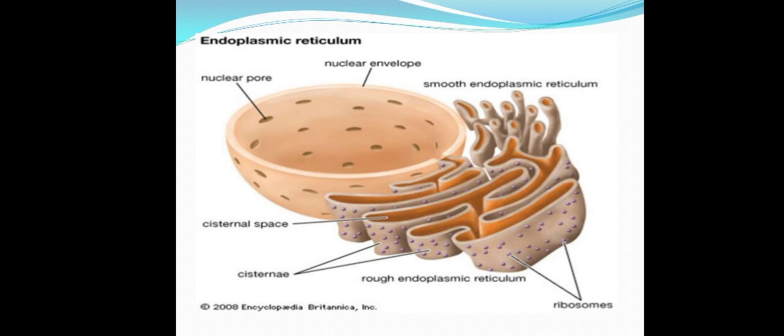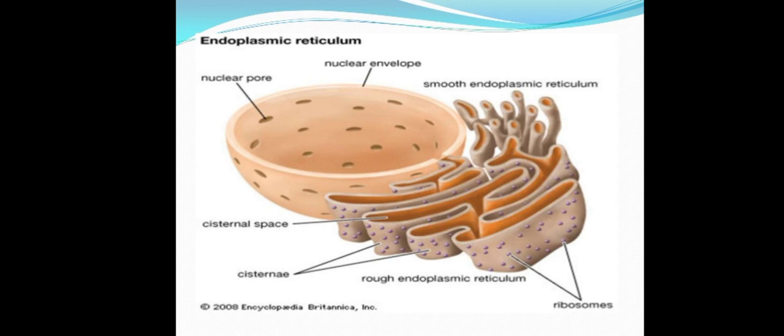The surface of smooth endoplasmic reticulum is smooth. It is otherwise called agranular. It occurs in inactive cells. It is more tubular than rough endoplasmic reticulum. The membrane has a fluid mosaic structure.